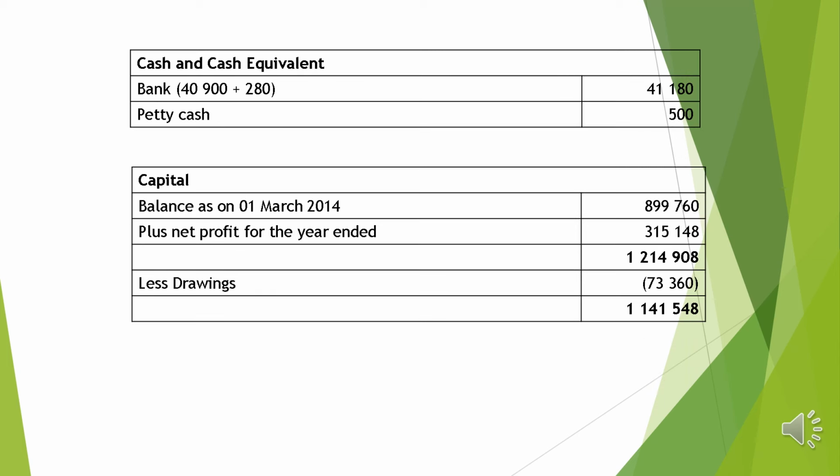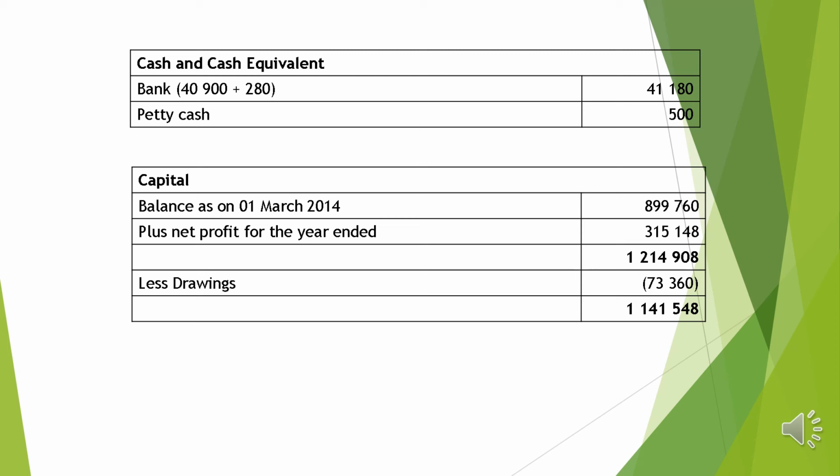Then lastly, let us look at the cash and cash equivalents note to the financial statements. Again, you need to understand that when it comes to the statement of financial position, we are categorizing entries, we are grouping accounts of similar nature.